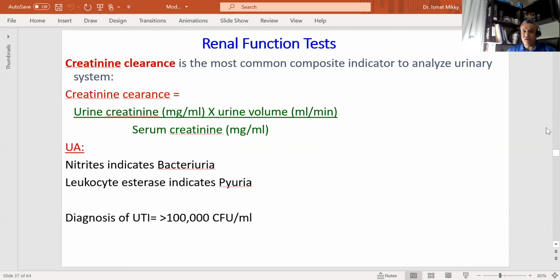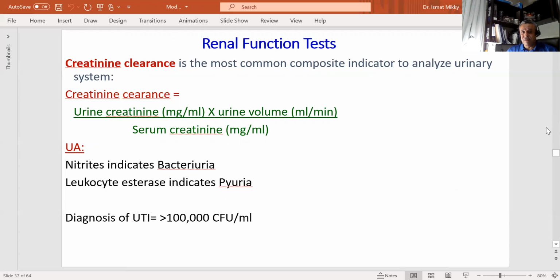UTI cannot be determined, but at least we can say it is highly likely that the urine is infected with bacteria, just from reviewing the urinalysis before requesting the CNS, the culture and sensitivity, because that could take up to 3 days to get the final results.